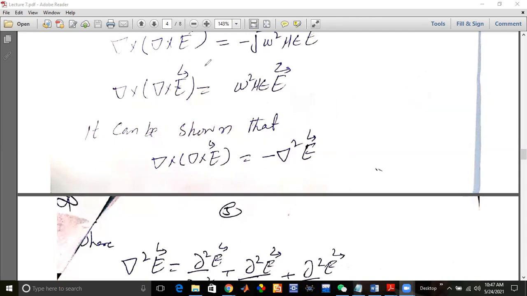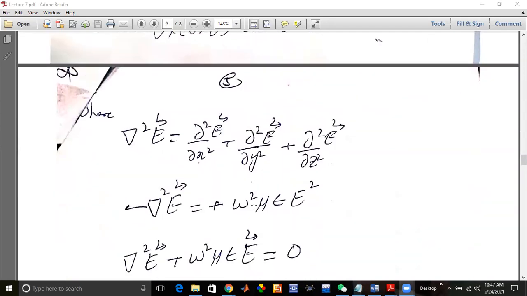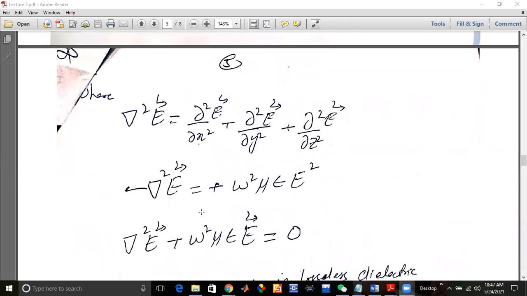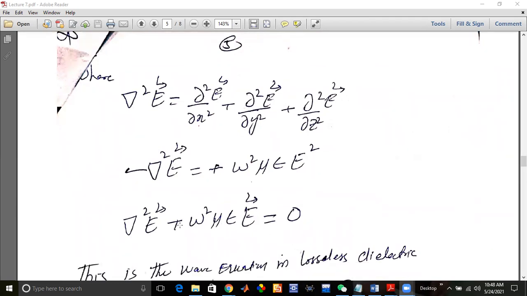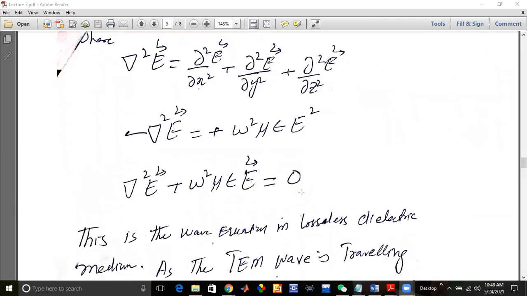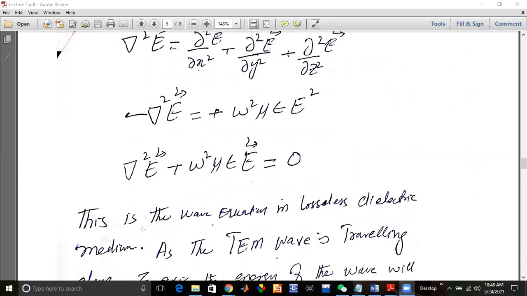So minus del square E is equal to plus omega square mu epsilon E. If we shift it here, del square E plus omega square mu epsilon E is equal to 0. This is the wave equation in a lossless dielectric medium.